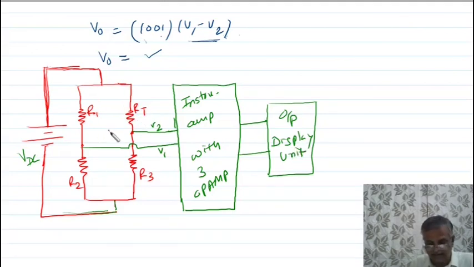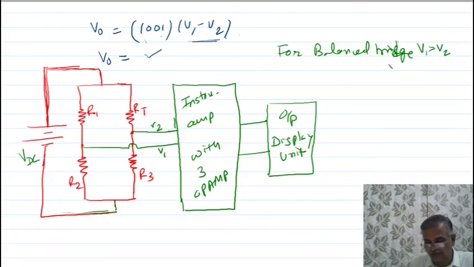When the bridge is balanced, V1 is equal to V2, so output is 0. So here you will get 0 output. When the resistance of this branch is changing with temperature, then the bridge will be unbalanced.